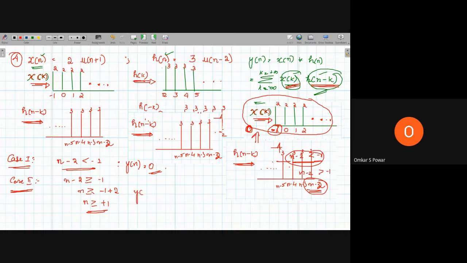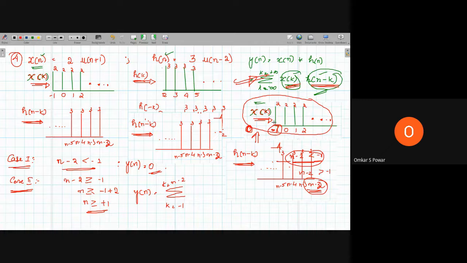So what will be your y of n? Convolution. So take this formula. k varies from minus 1 to n minus 2, because you have to understand there is an overlapping. So that overlapping, from where to where you have to consider, from minus 1 to n minus 2, because I have shown you this x of k is constant, it is not moving. h of n minus k is moving just like a screen.